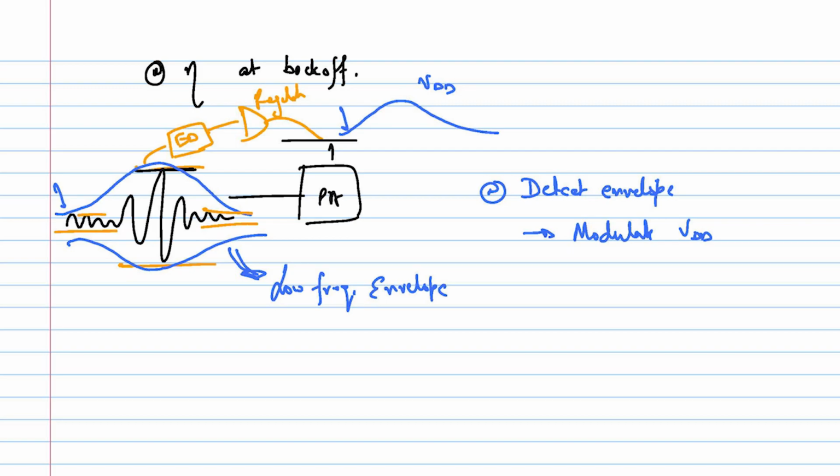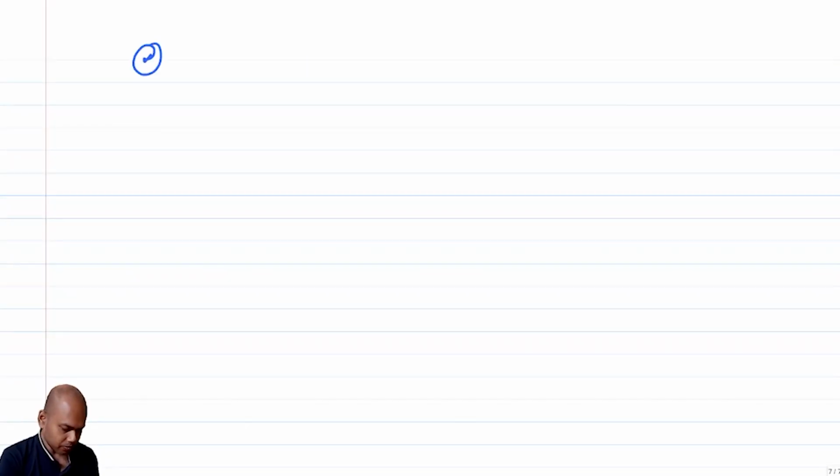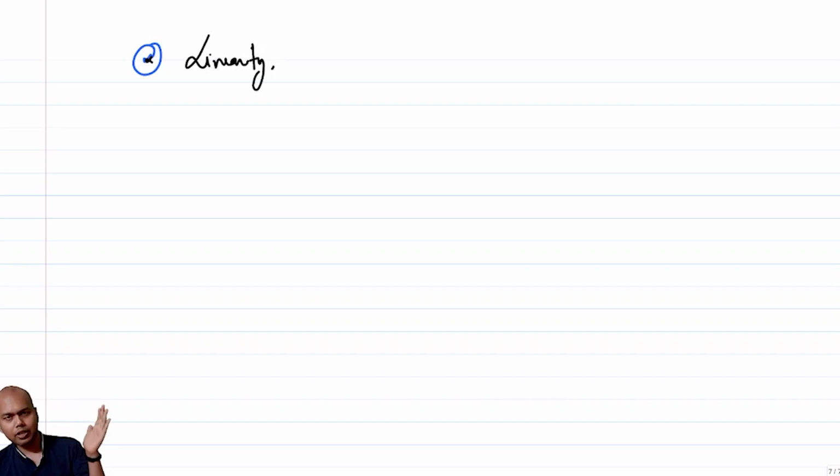Another very important issue with the PA obviously is the linearity. Naturally, because you are talking about signals of high amplitude, linearity is a problem. By the way, noise is not necessarily a big problem in many cases of the PA.